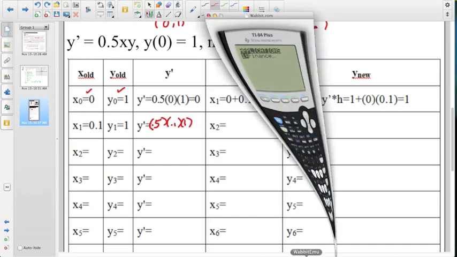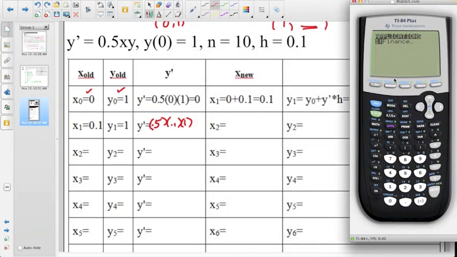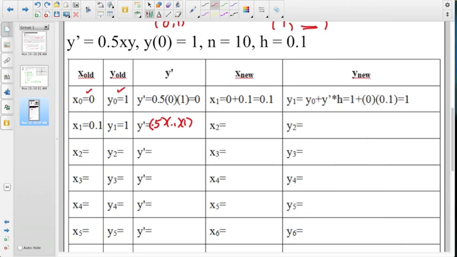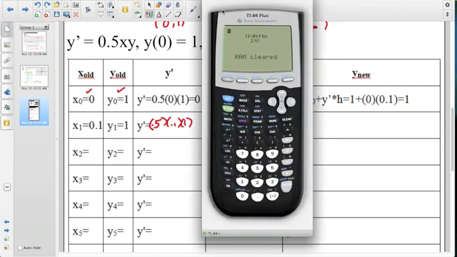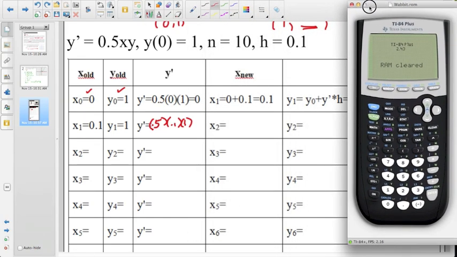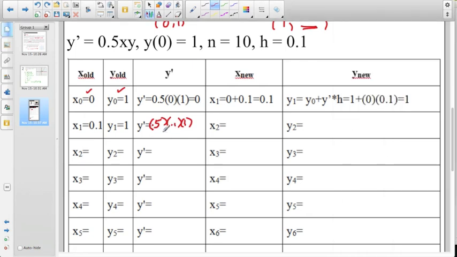So the new value of our slope is 0.5 times 0.1 times 1, and our new slope is 0.05.